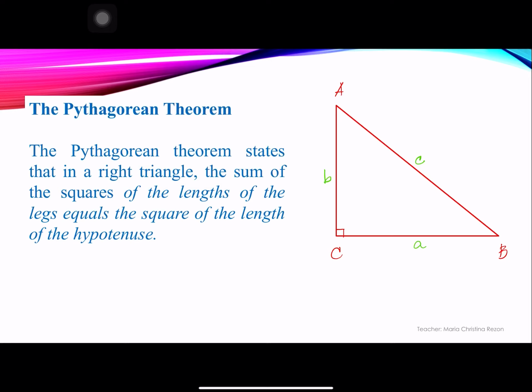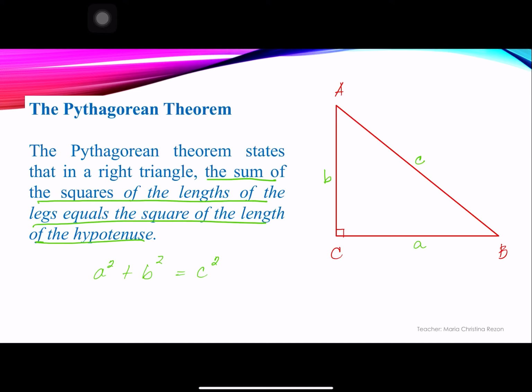And if we are going to put these words into symbols, then it just says that a squared plus b squared, where a and b are your sides or the legs, is equal to c squared, which is the hypotenuse.